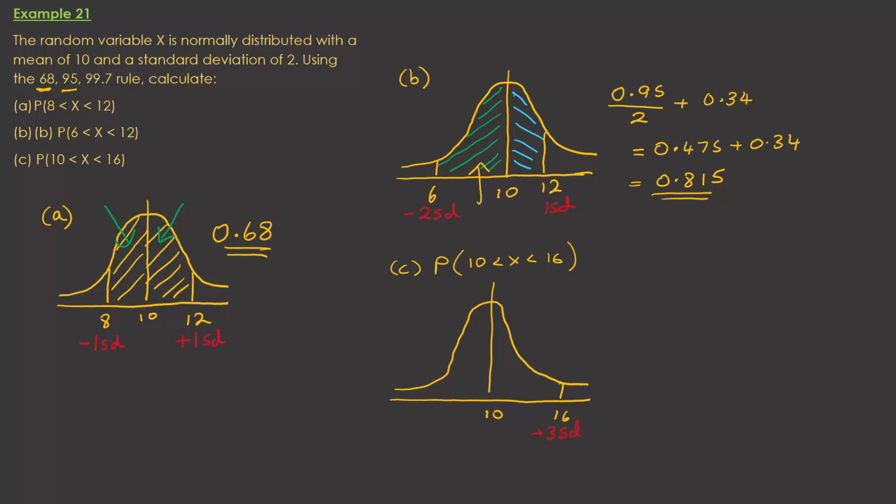So we're adding 3 standard deviations to the mean. And we are only looking for this area, 10 to 16. So in other words, that is going to be 3 standard deviations to 99.7, but it's going to be half of that. So it's going to be 0.997 divided by 2, and that gives me 0.4985.